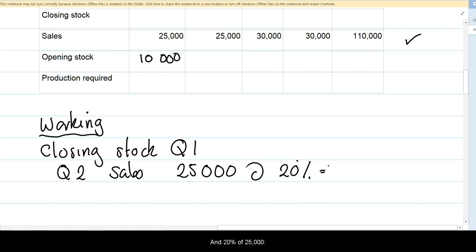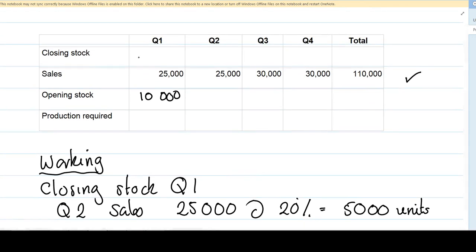And 20% of 25,000 is 5,000 units. So I can put my 5,000 units into the table as my closing stock.